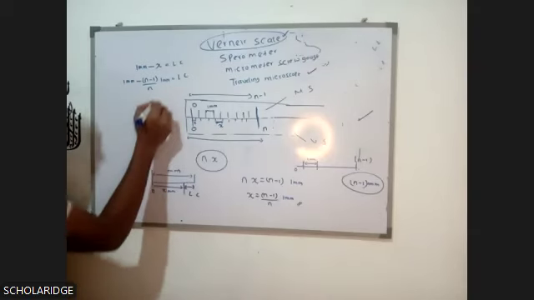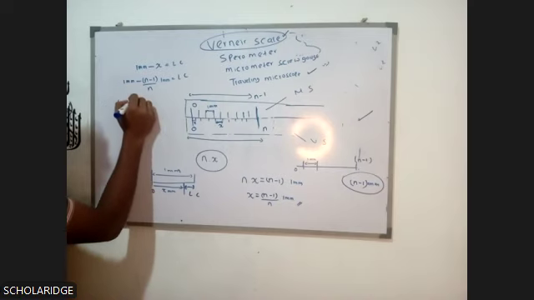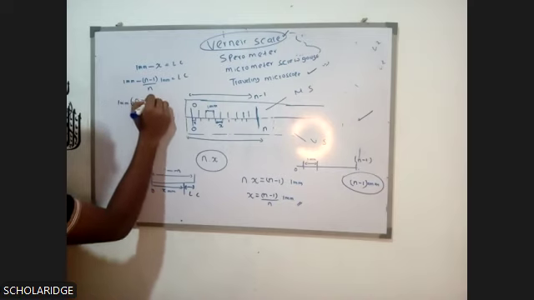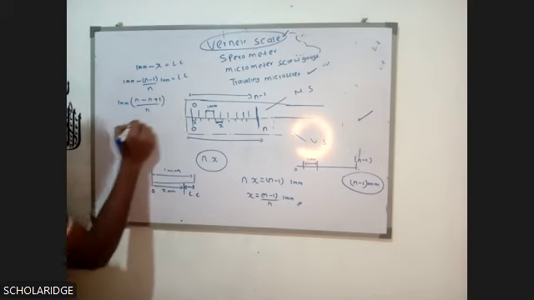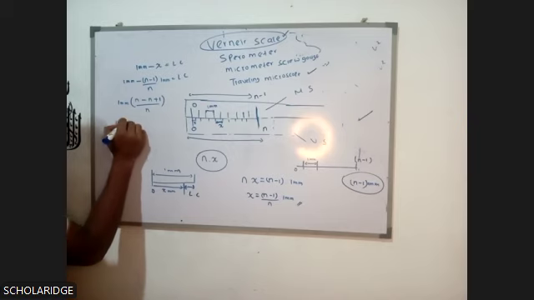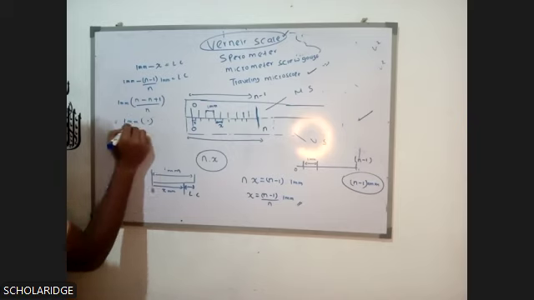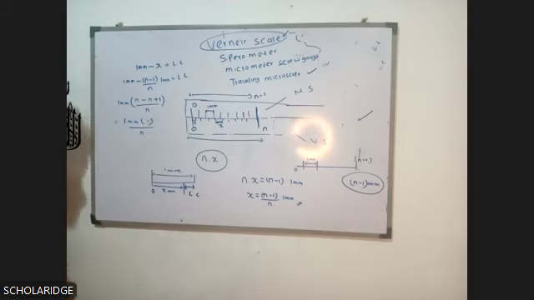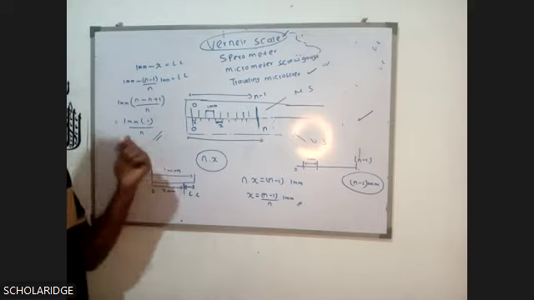So if I open my brackets, we'll have 1 millimeter common, (n minus n plus 1)/n. It is equal to 1 millimeter into 1/n. So we have a final derived form as this.